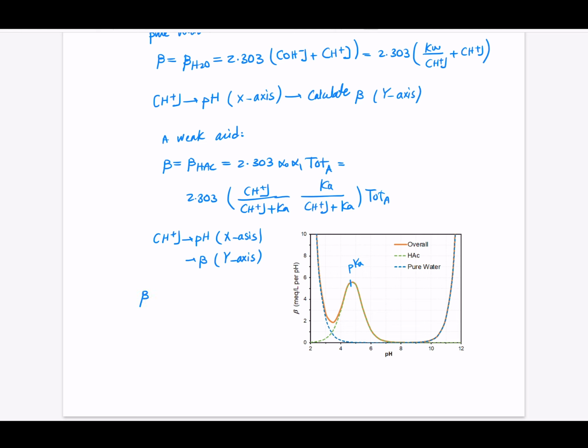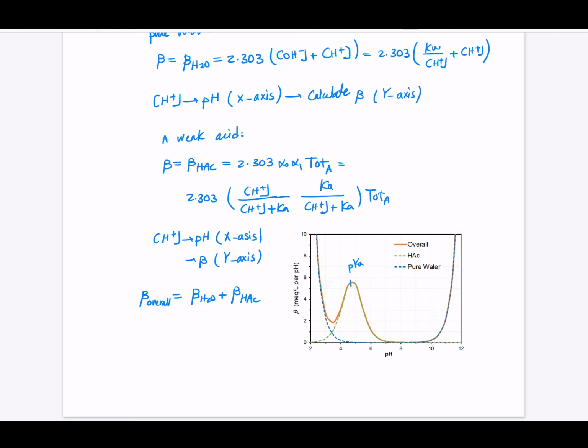And obviously beta overall would be beta of H2O plus beta of HAc, which would be this orange line, which is literally the combination of each point.